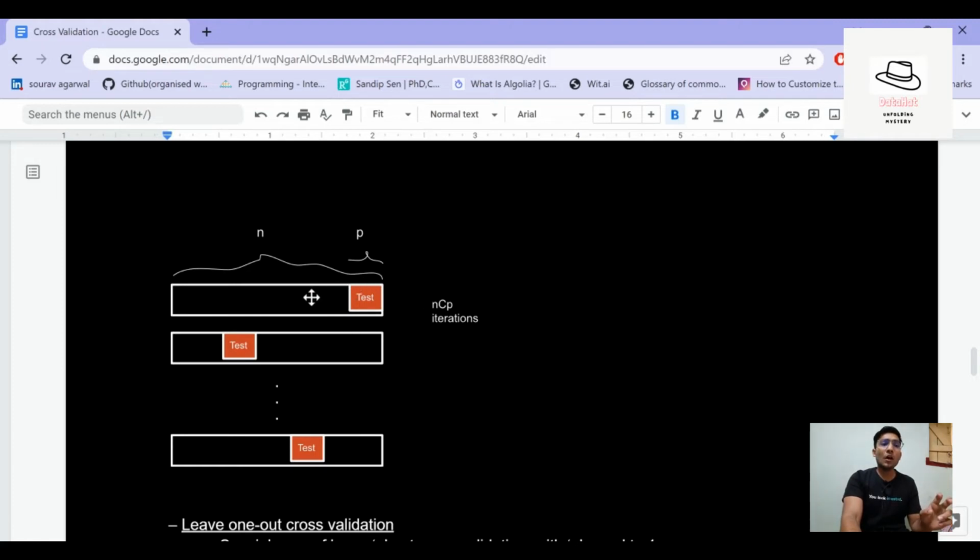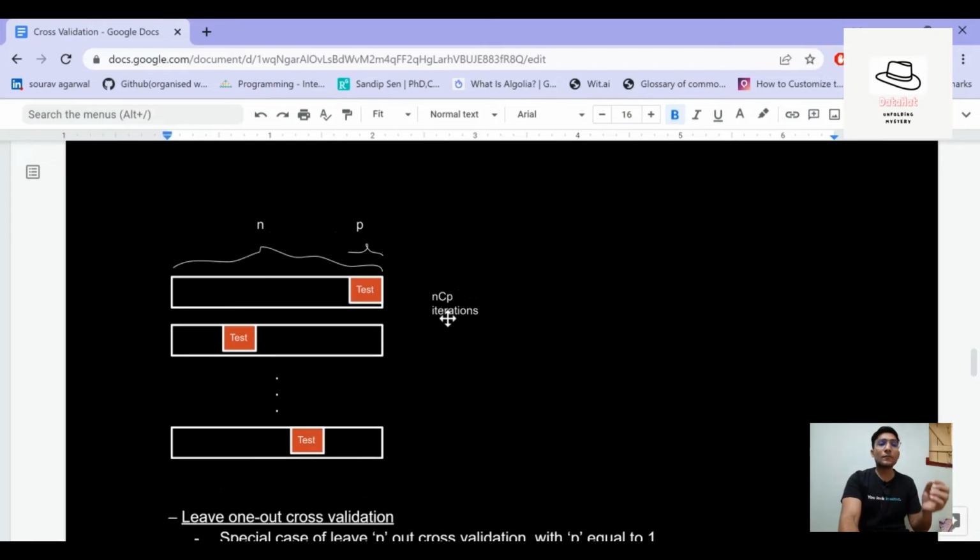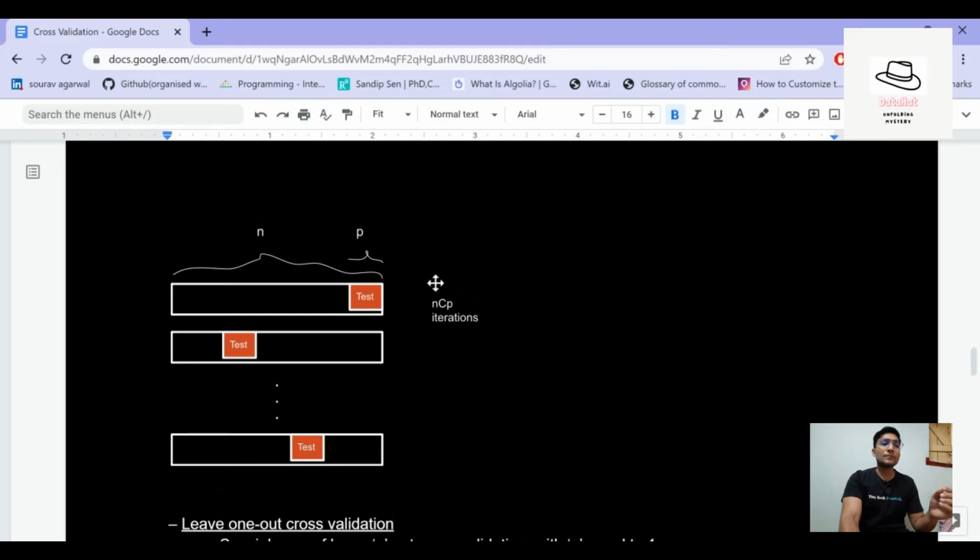So in order to allow each data point in your data set to be a part of the test set at least once, it will ideally be nCp iterations. So say for example, if you have 4 data points and you have p as 2, so it will be 4C2. 4C2 is nothing but 4 factorial by 2 factorial by 2 factorial.